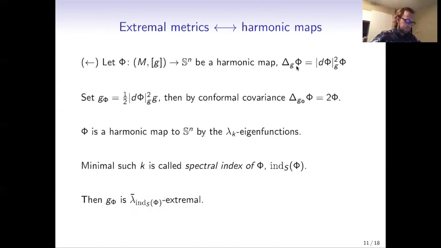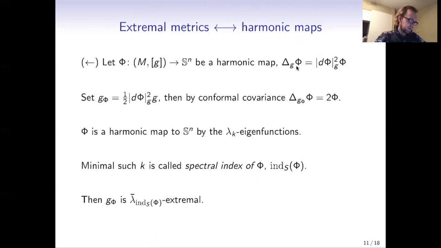So this is very remarkable, in the sense that you have an almost bijective correspondence between extremal metrics and harmonic maps. If you start with an extremal metric, you get the harmonic map immediately. If you start from a harmonic map, you could pick a metric in the conformal class, which will be an extremal metric generated by this map.